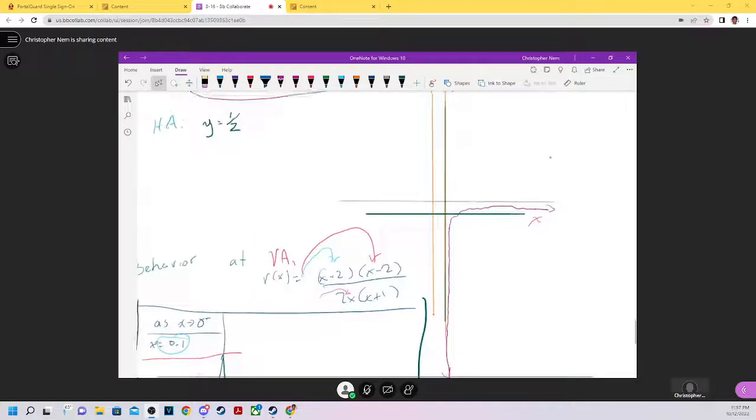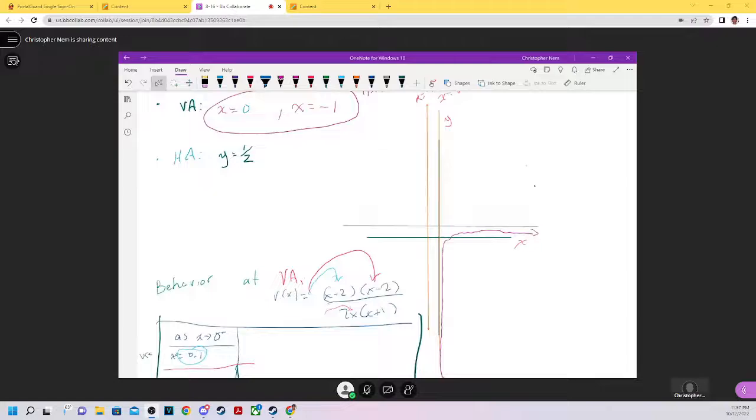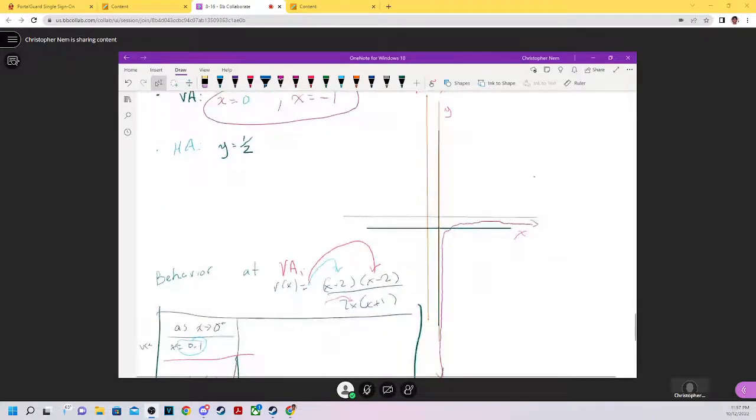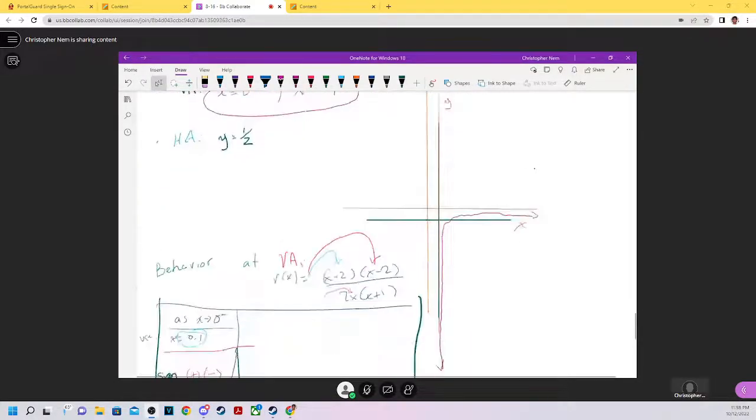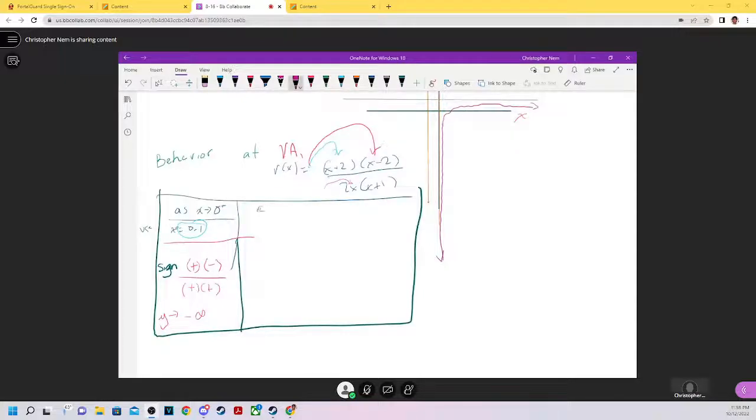Boom. Now I have to see what the behavior is at 0 from the left side. So now I have to do x approaches 0 from the left side. I'm going to take a value left of 0 that is very close to 0. Let's take x equals negative 0.1. All right, that's very close to 0.